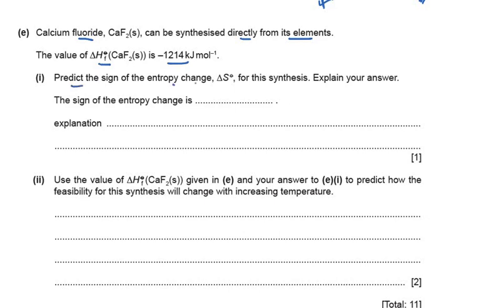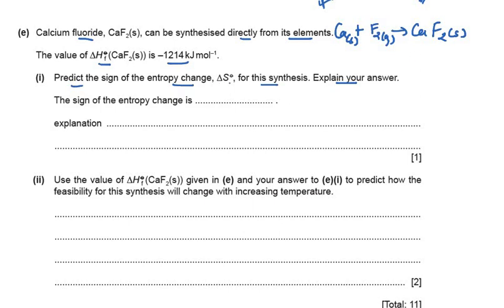Predict the sign of the entropy change for this synthesis and explain your answer. Now what the question says is that the calcium fluoride is formed or manufactured from its elements directly. Now if we talk about elements, then fluorine is in gas form and calcium is in solid form, and our product calcium fluoride is again in the solid form.